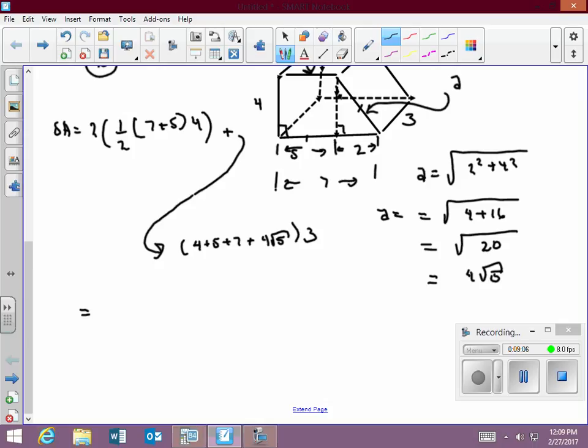So this first part is going to be 13 times 4 plus 9 is 16 plus 4 square root of 5 times 3. So that's going to be 52.